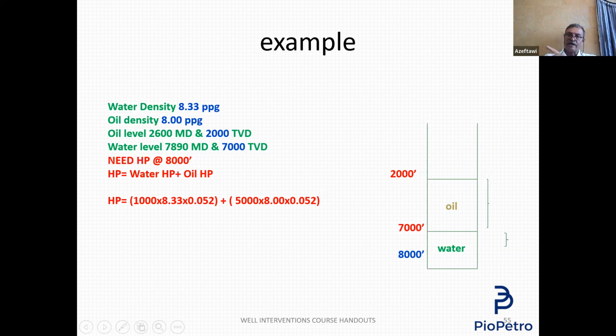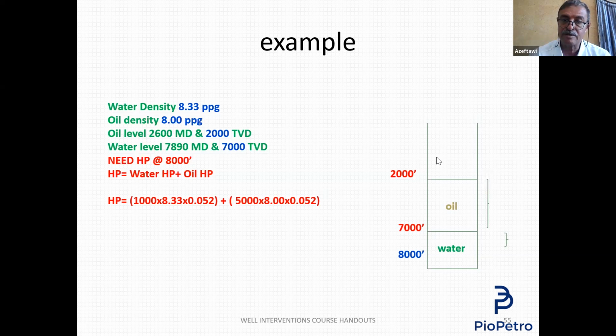So the column of oil I have is only 5,000 feet. So I have to calculate the hydrostatic head of 5,000 feet of oil. Then I add this to the hydrostatic head of the water. This will give me the hydrostatic head pressure.